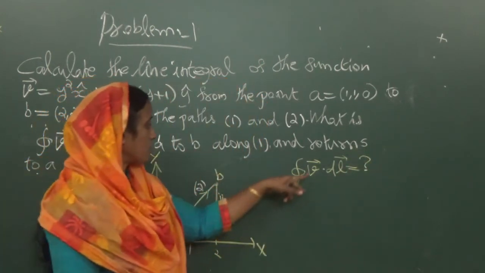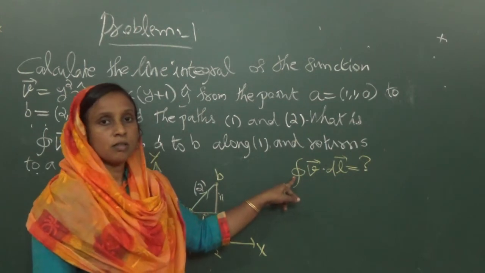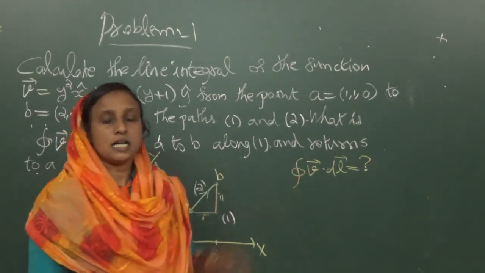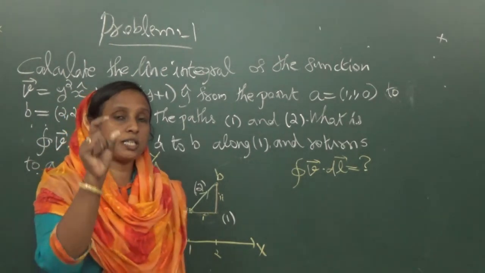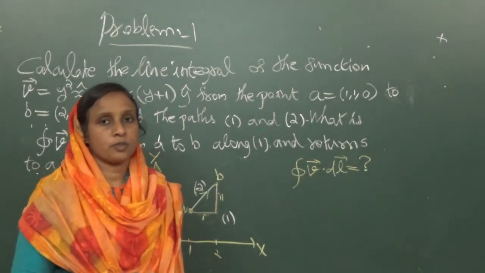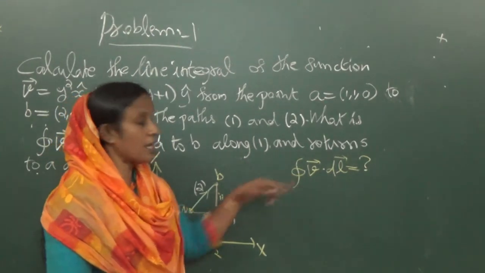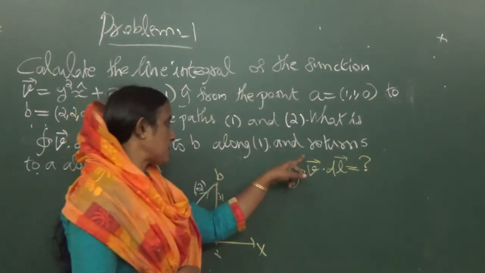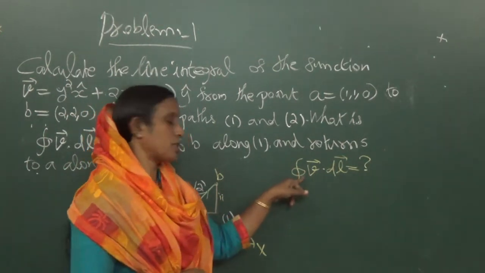What is the meaning of this? This circle represents a closed line or loop. So integration over a loop is shown here.